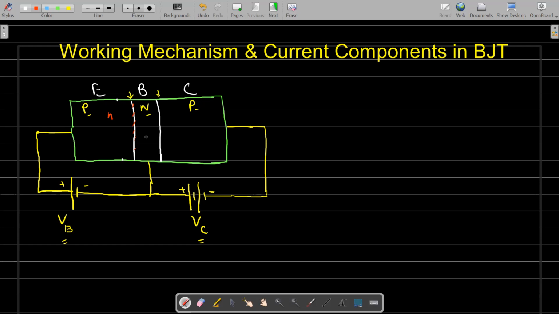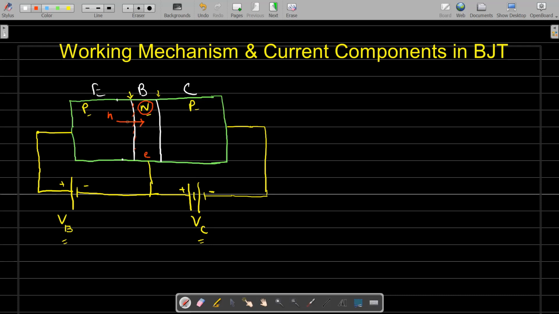Similarly, just opposite, in the N-type base region the electrons are the majority carriers, and the same electrons are the minority carriers in the emitter region. Since there is a concentration gradient, with a higher concentration of holes on the P side and a lower concentration of holes on the N side, the base region, there will be some diffusion force acting on the holes, and the holes will diffuse from emitter to base.